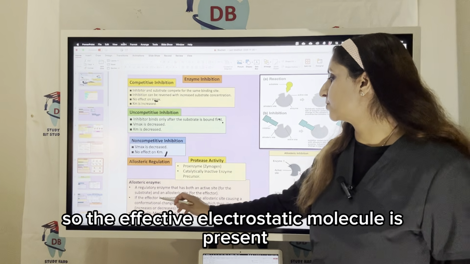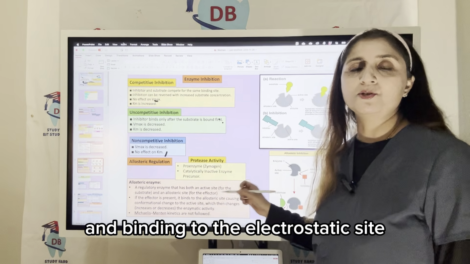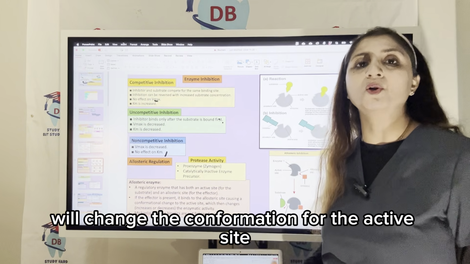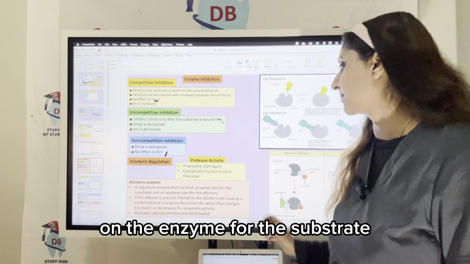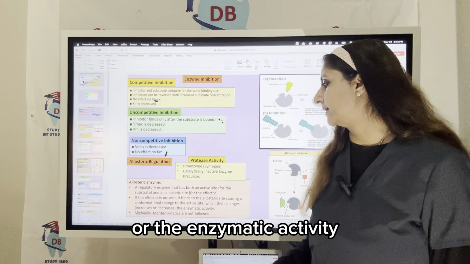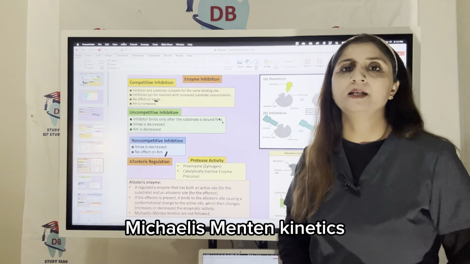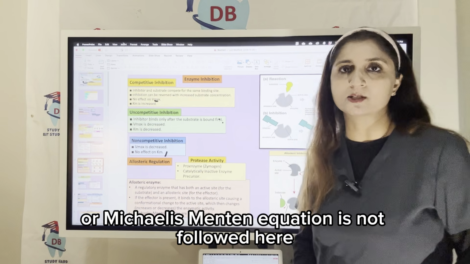So when the effector allosteric molecule is present, it will bind to its allosteric site, and binding to the allosteric site will change the conformation of the active site on the enzyme for the substrate, and that will increase or decrease the rate of reaction or the enzymatic activity. This is allosteric regulation. Michaelis-Menten kinetics or the Michaelis-Menten equation is not followed here.